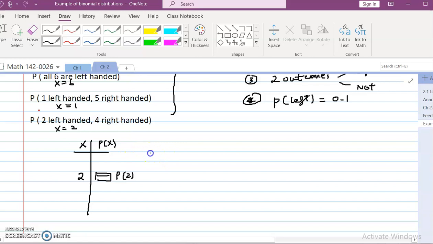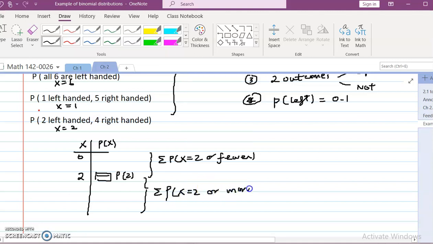Then they give you 2 or fewer, all these added together from here down to 0. And then they also give you the sum of P of x for 2 or more. So they give you these 3 numbers, and you can use them to do a lot of probability.